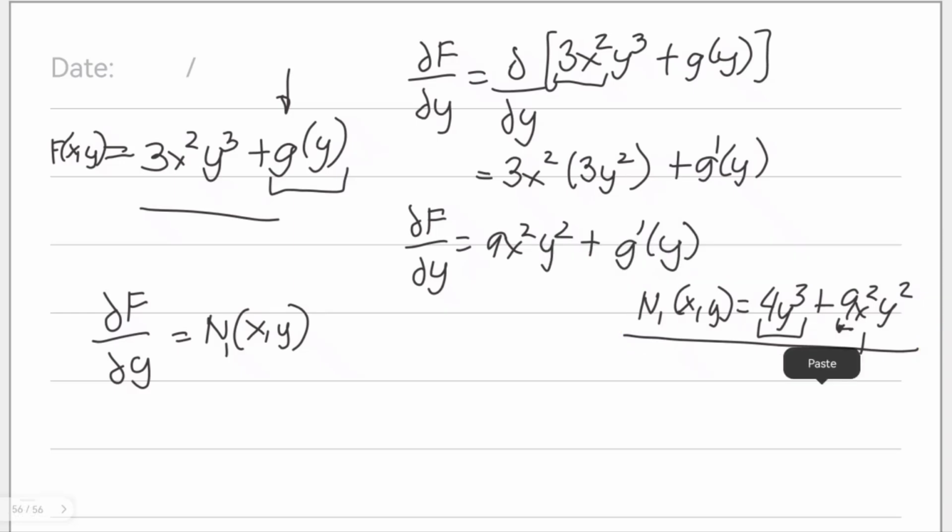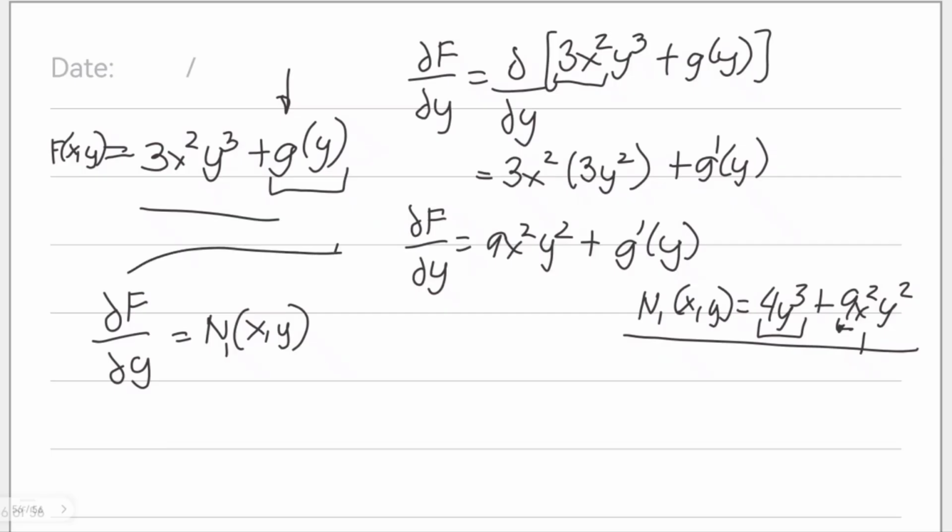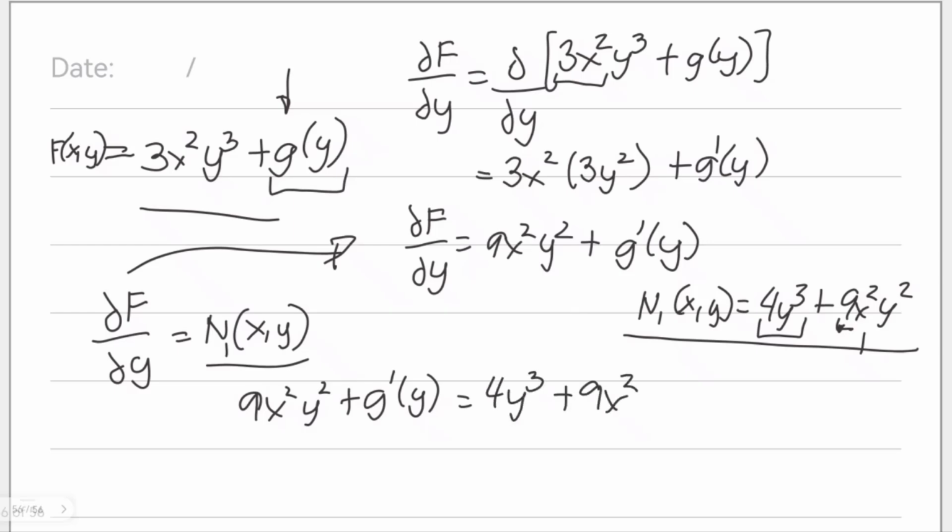If we equate them, you have 9x squared y squared plus g prime of y is equal to N sub 1, which is 4y cubed plus 9x squared y squared. We have the same entries here, so you can cancel that.